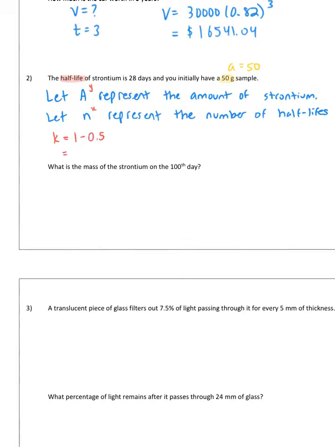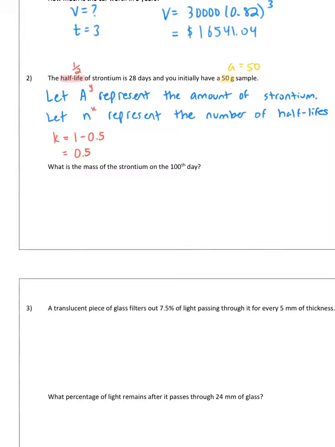So when you lose 50%, you have 50% remaining. A simpler way is just thinking half-life, you're left with half of what you started with. So K is simply a half. So you can write half, or you can write 0.5. Remember, 0.5 is just half as a decimal. So whichever way makes sense to you.